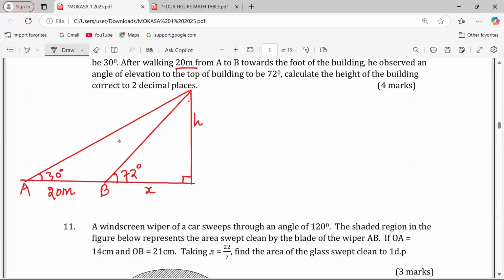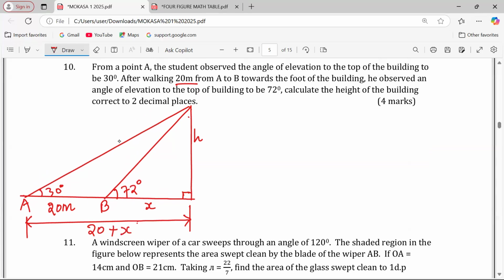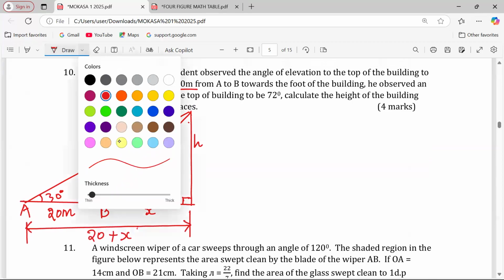This can be X. So that we say the bigger length here is 20 plus X. Now, let's analyze this question.